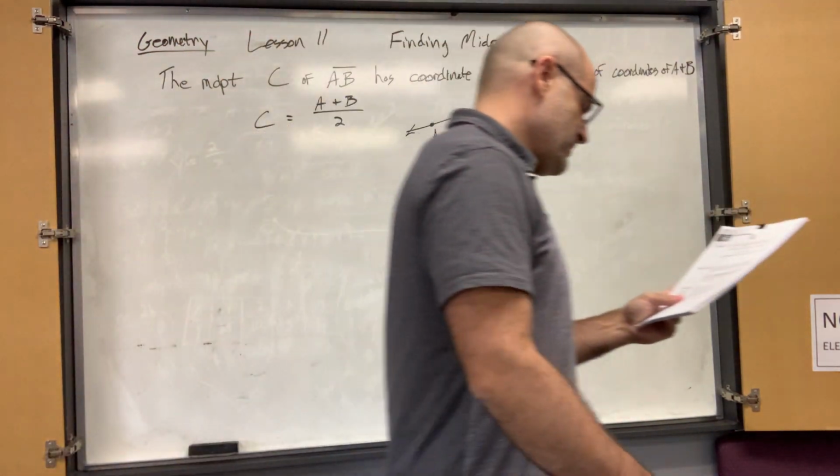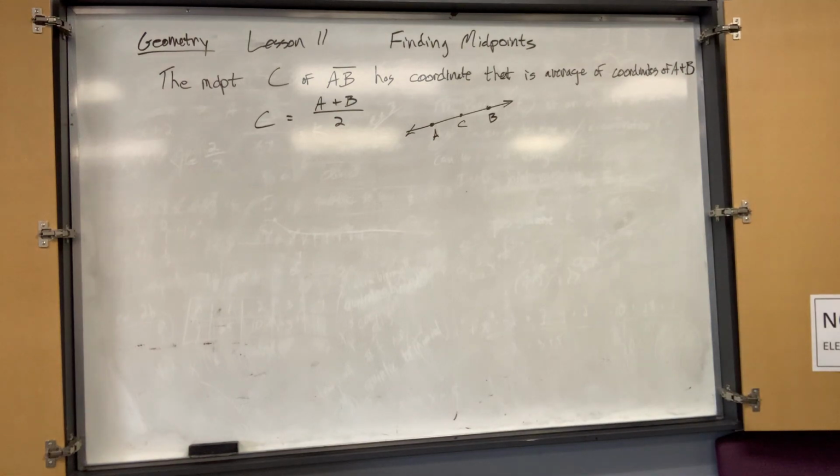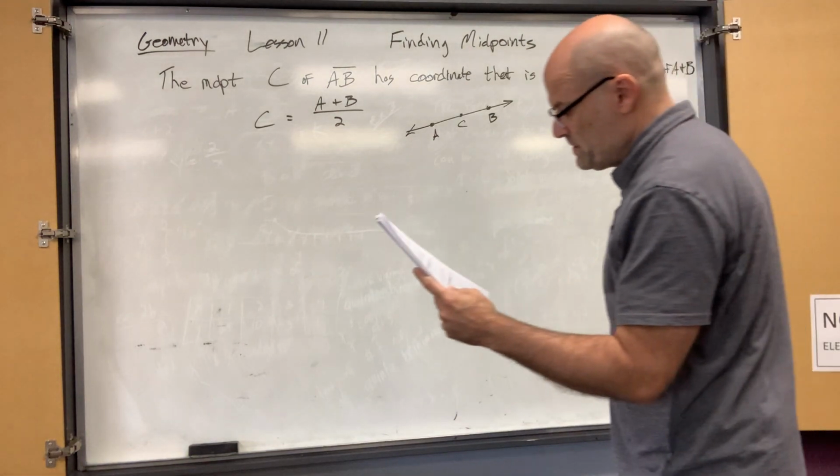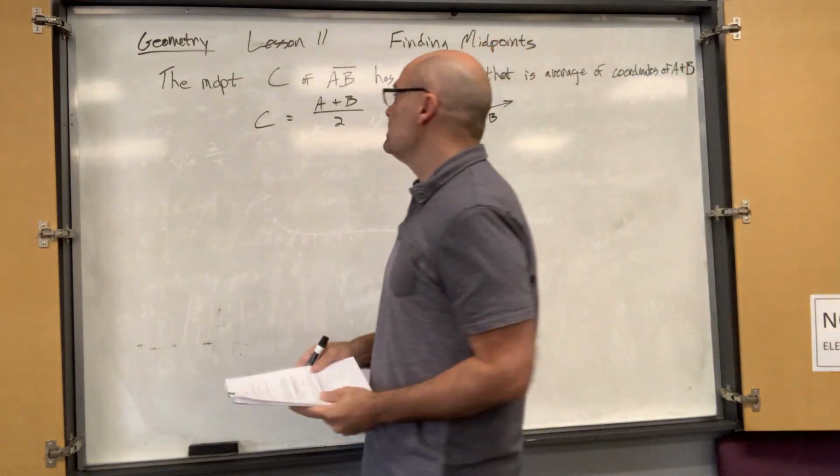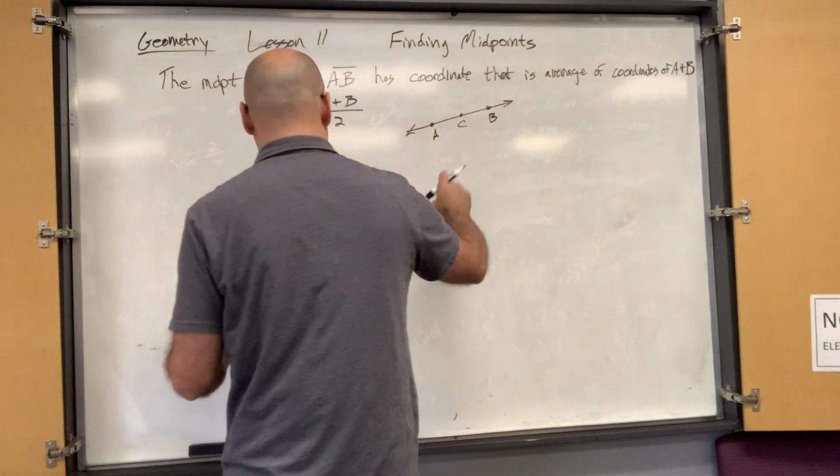Okay. So the midpoint of line segment AB on a coordinate plane is the point on AB that is equidistant from A and B. Okay, so this is cool when it's a number line, right?